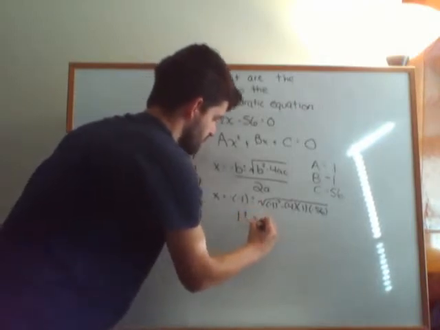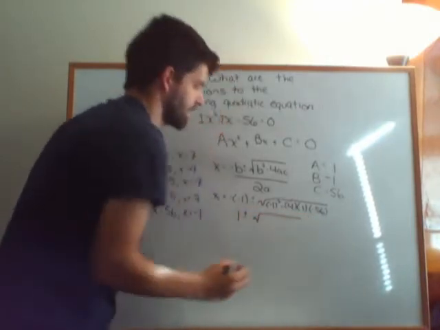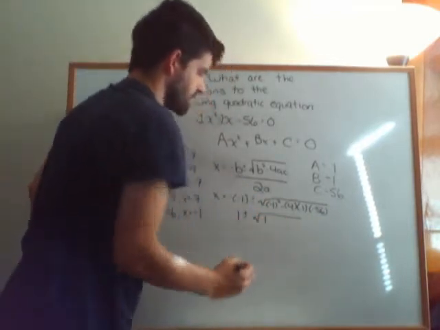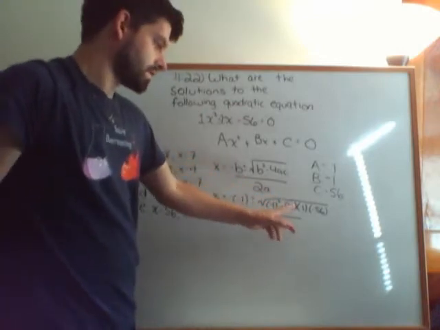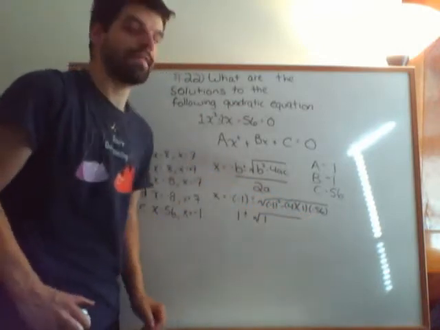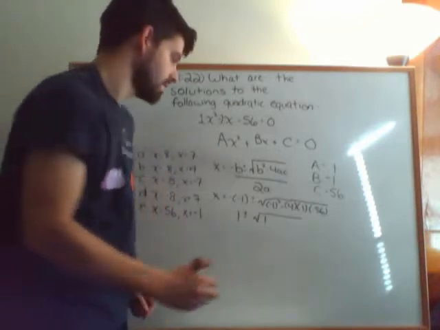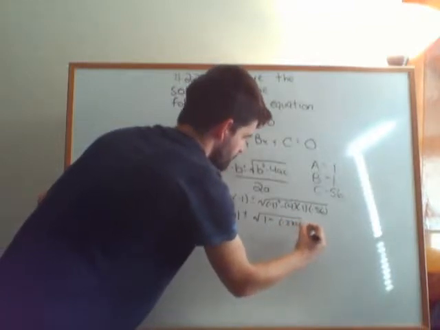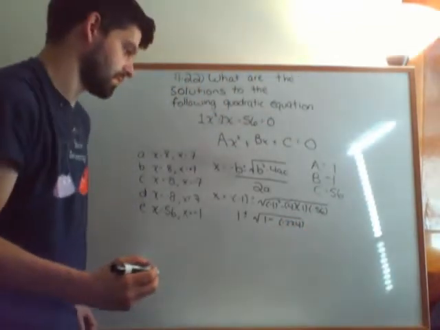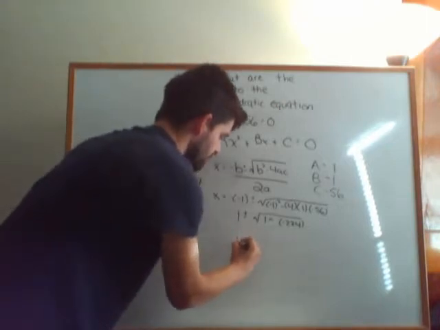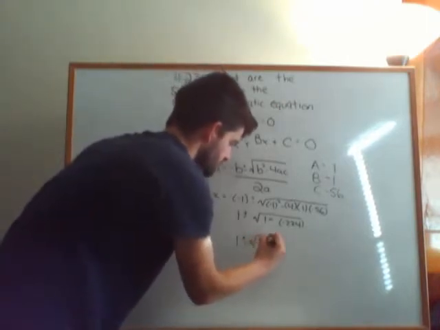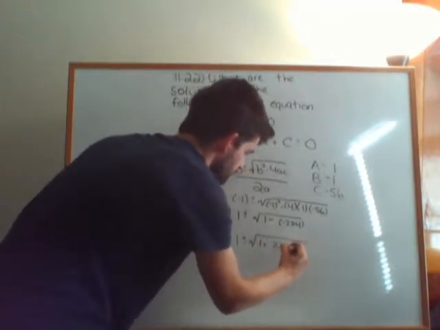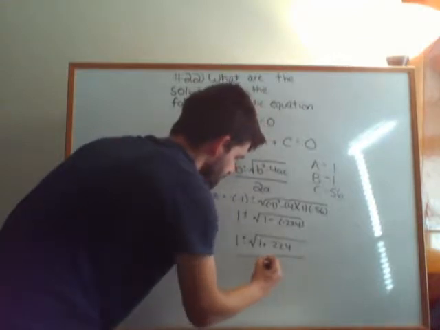Plus or minus the square root. Now be very careful here. Negative 1 squared is positive 1. Subtracting 4 times 1 times negative 56, and that's negative 224. So we're going to be subtracting negative 224, which is like adding 224. This is going to give us 1 plus or minus the square root of 1 plus 224 over 2a.